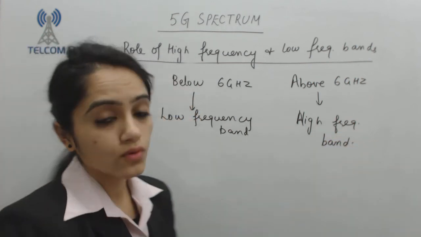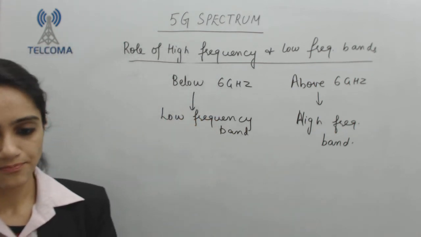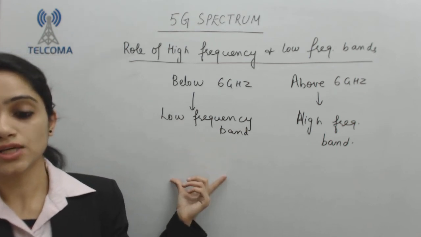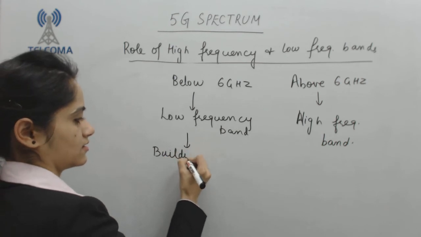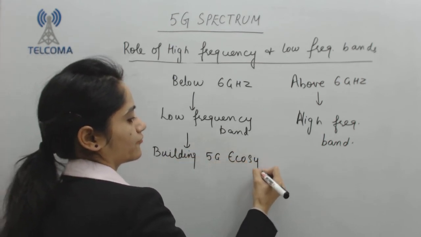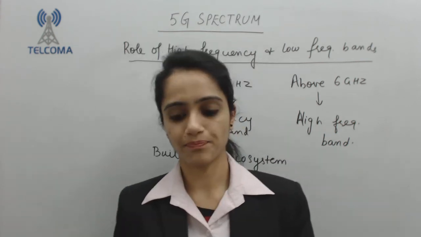That's why we have a role of high frequency and low frequency bands. Now these low frequency bands are used for building the 5G ecosystem, that means seamless connectivity.